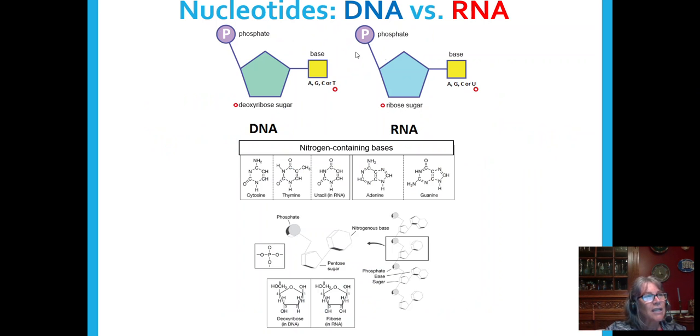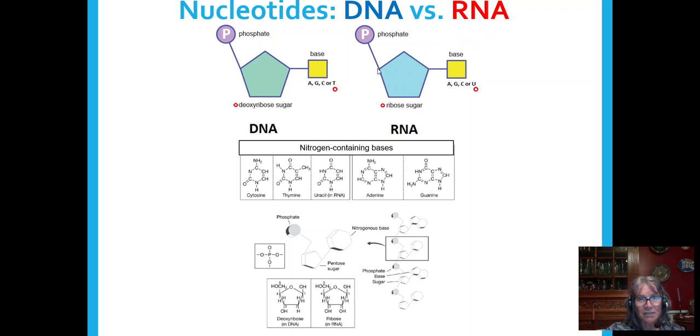If we continue to look at the similarities and differences, the sugar in DNA, giving it the D, deoxyribonucleic acid, the sugar is a 5-carbon sugar. So it's a pentose sugar called deoxyribose. In RNA, ribonucleic acid, that R is for ribose, also a pentose 5-carbon sugar.